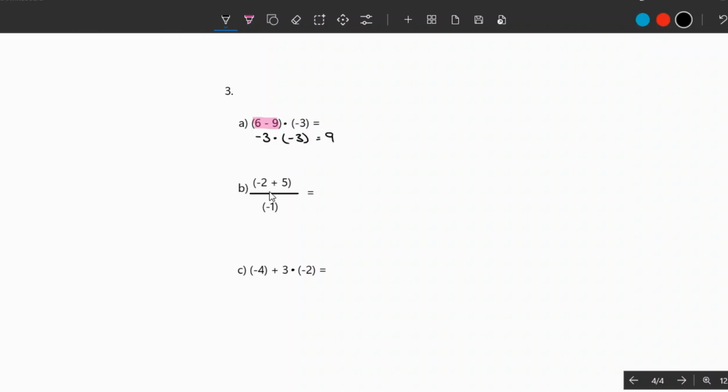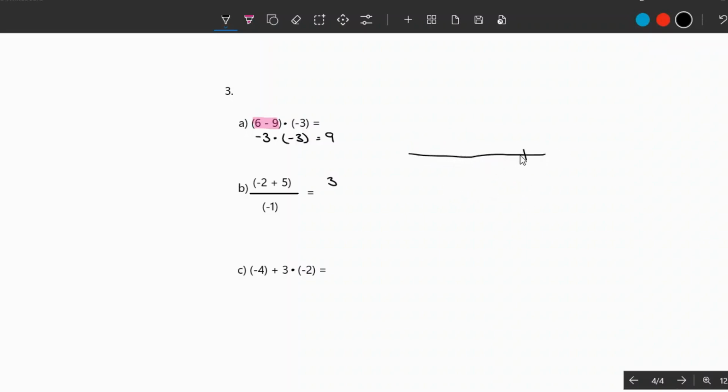We move on to the next question, B. We have negative 2 plus 5. We have a negative number and we add a positive number which is larger than the negative number. So the answer should be positive, and that will give us 3. You can always draw a line, as straight as you can.